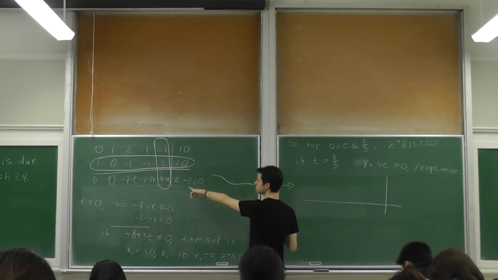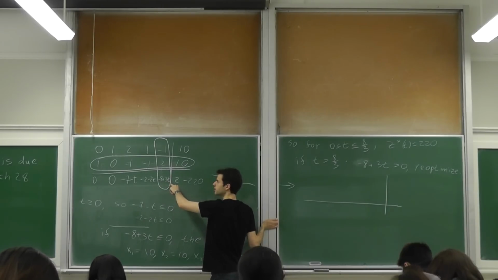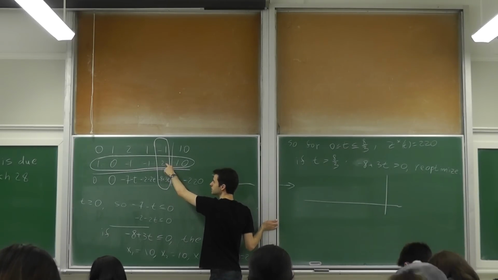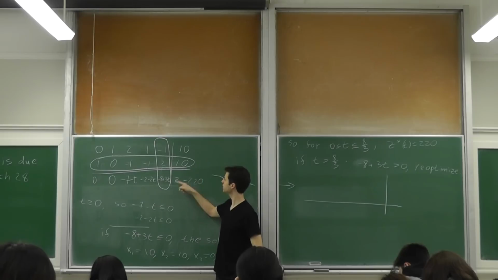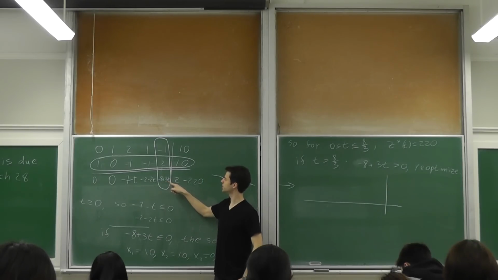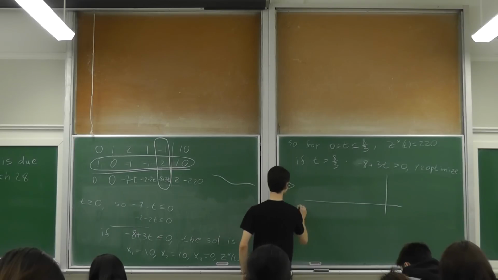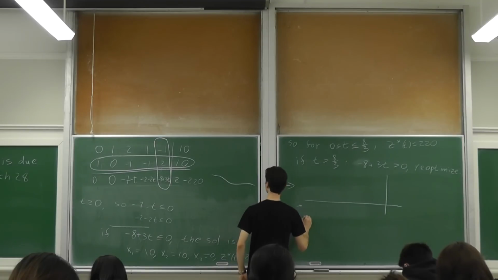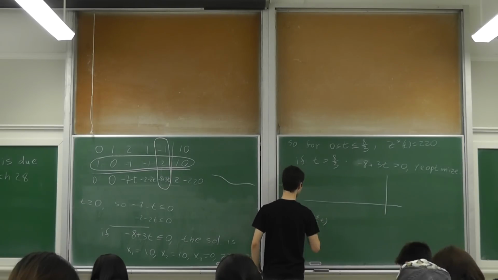So what happens here, I'll have to take this row and add to it a multiple of that one. I'll have to multiply this by 4 minus 3 halves of t. So this will be the third row plus the second row times 4 minus 3 halves of t.